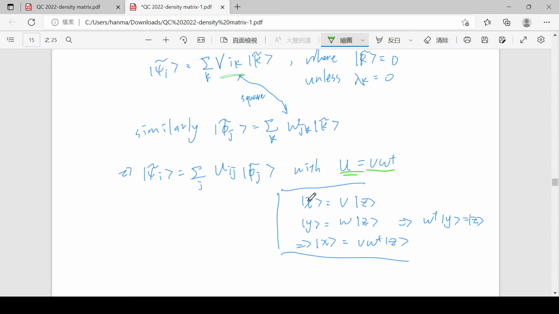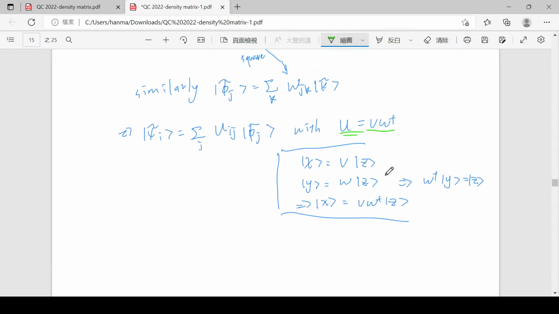So here our idea is this psi is like x and k is like z here. So psi is like v times z and phi is like w times z. Then z equals w dagger times y, and then x equals v w dagger times y. And anyway, the dagger of a unitary is still a unitary, and two unitaries multiplied together is still a unitary, so this U is a unitary.